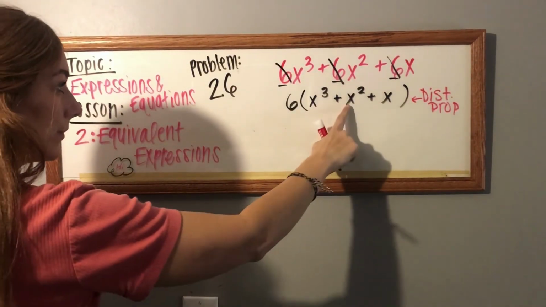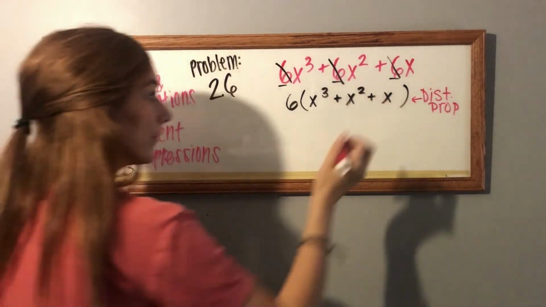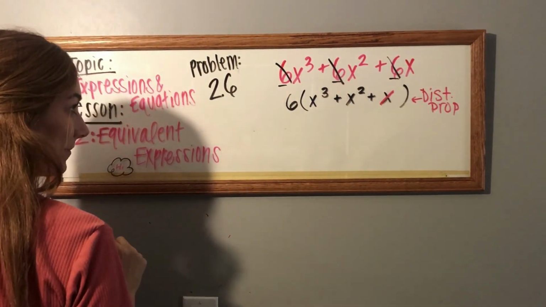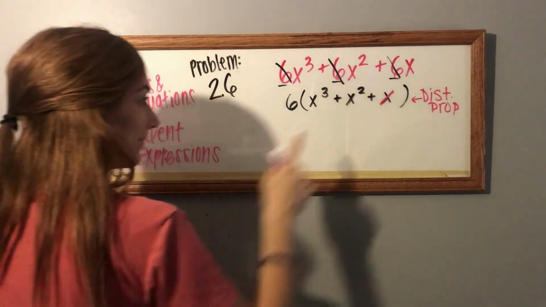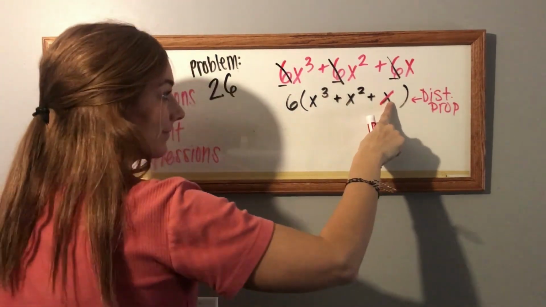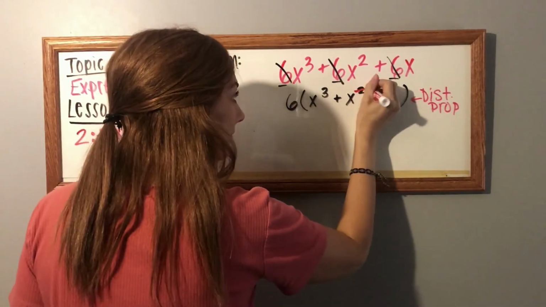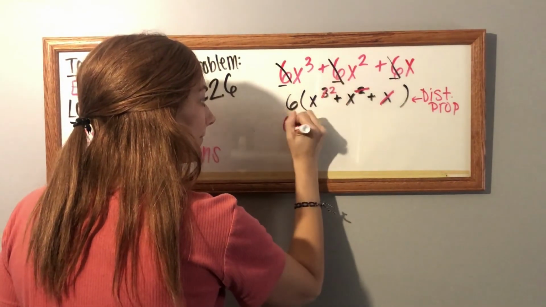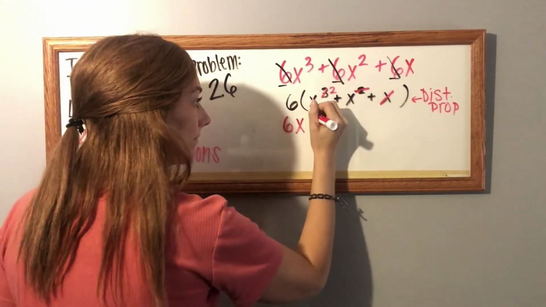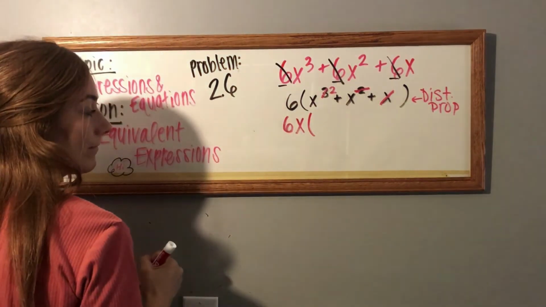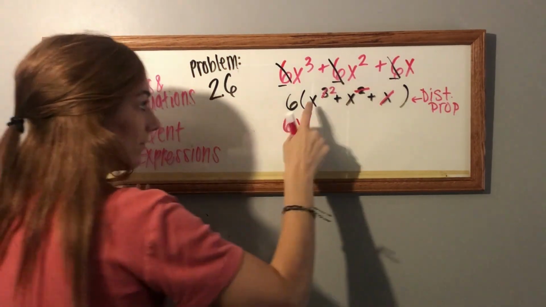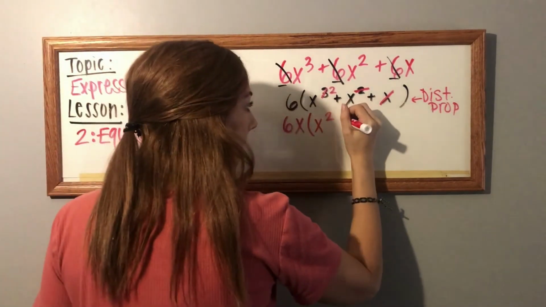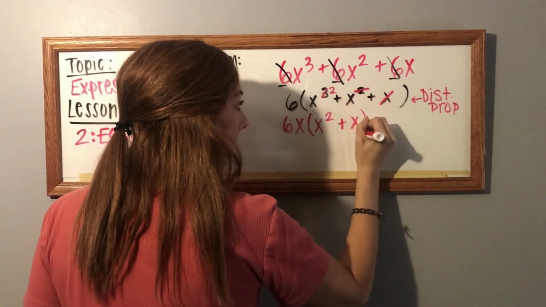So if I pulled one x out of each of these, my x squared would become just x, and my x cubed goes down to x squared. So now I can rewrite this as 6x times x squared plus x plus 1.